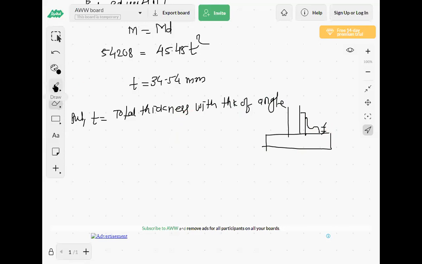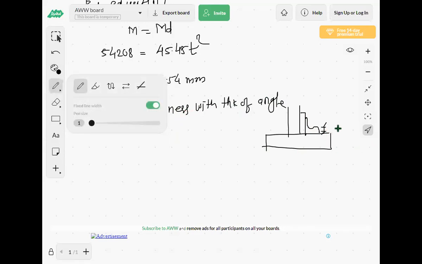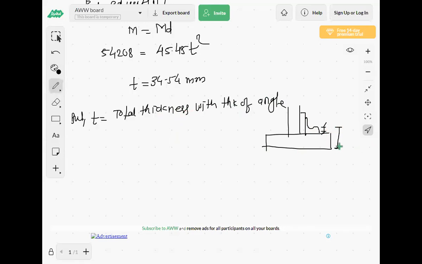So here we are calculating thickness of plate. It means whatever thickness comes, this thickness is this. Are you getting? This thickness is the combined thickness of angle and gusset plate. This thickness will be the total thickness with the thickness of angle. So now thickness of plate is equal to total thickness minus thickness of angle.